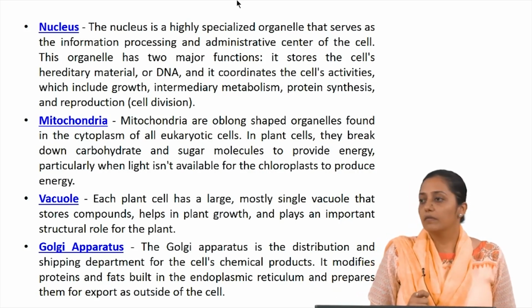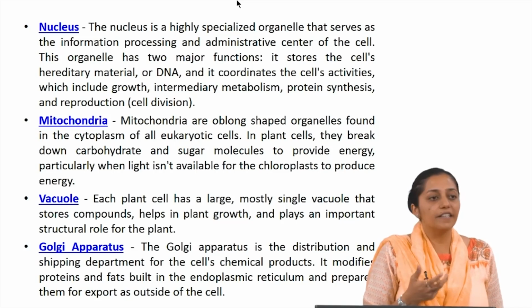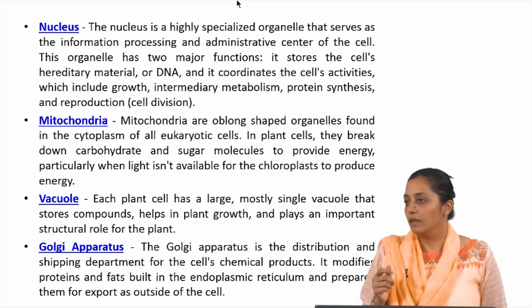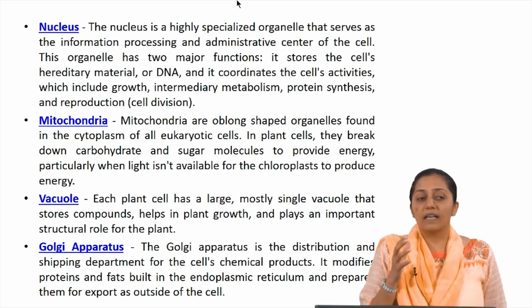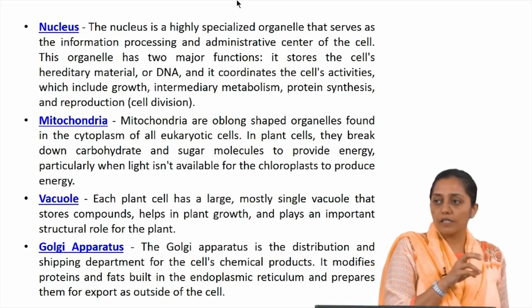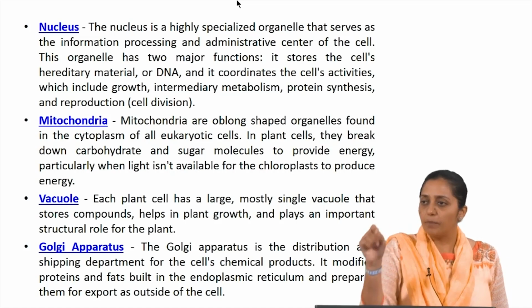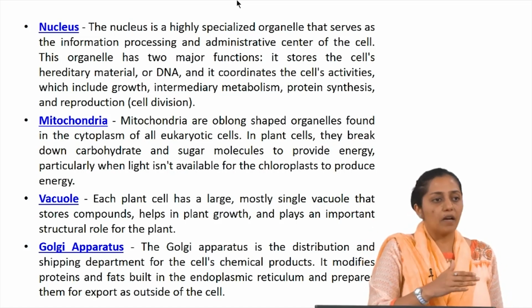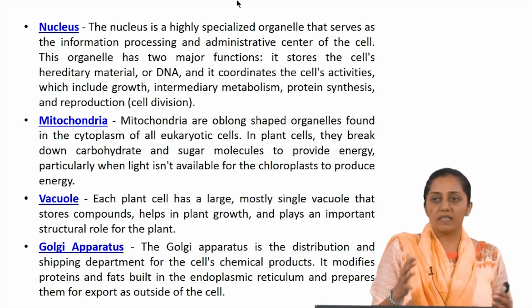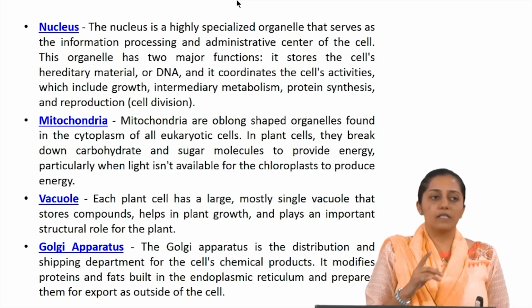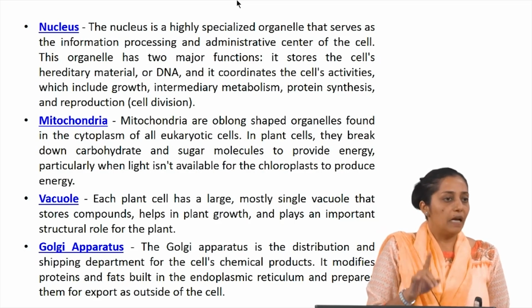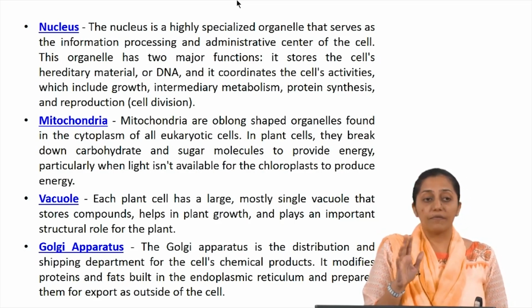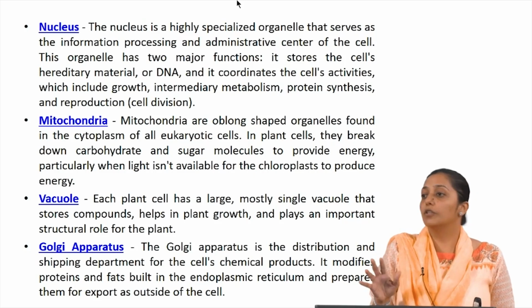Then vacuole. Vacuole, I said, is a distinctive feature in plant cells. As mentioned earlier, vacuoles in younger plant cells will be smaller in size and many in number. But as the plant cell matures and grows in size, matured plant cells generally have a single vacuole, all clubbed together, and it can occupy as much as 80% of the cell volume.